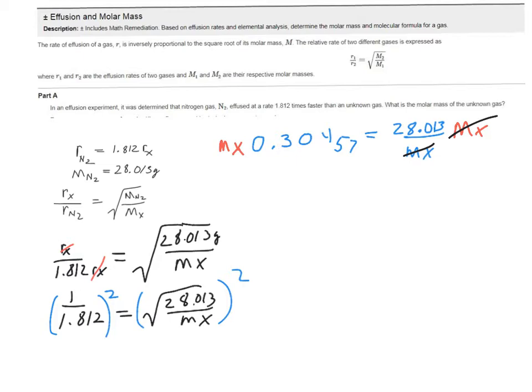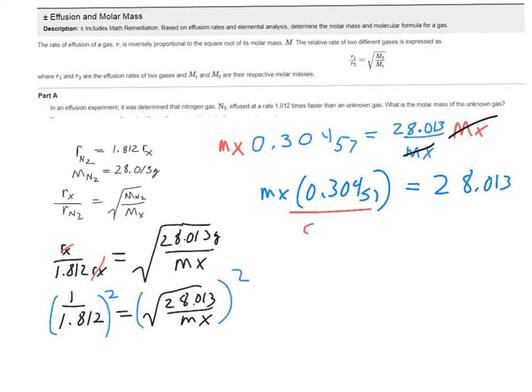We have to multiply both sides by Mx to get it out from underneath the bottom. So that gives us Mx times 0.30457 equals 28.013.